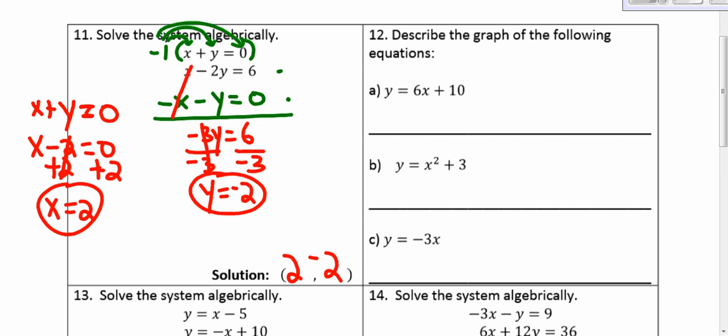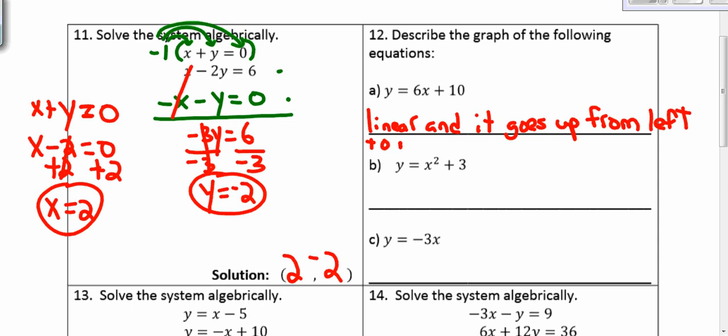Describe the graph of the following equations. Remember, this will be multiple choice. So this is linear, and it goes up from left to right.